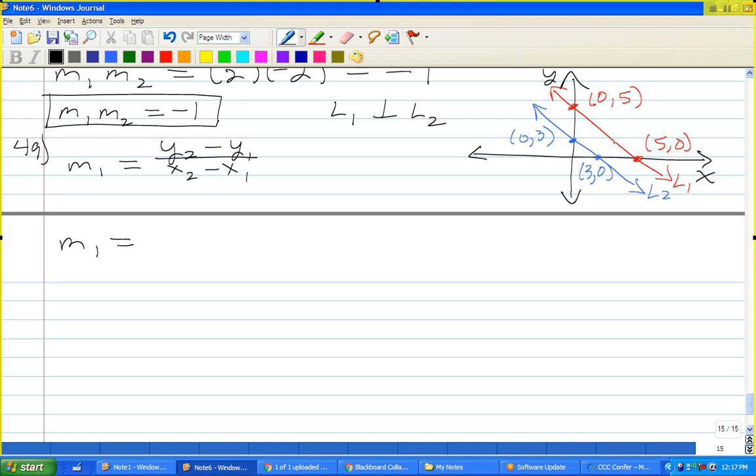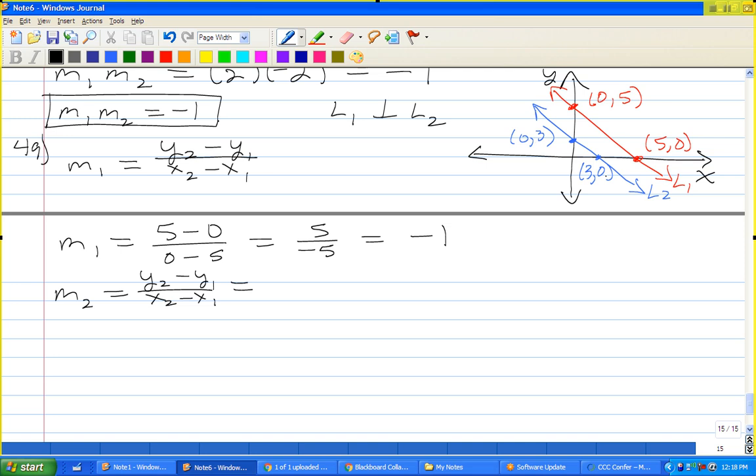And so, first line, I'll do 5 minus 0 over 0 minus 5. Gives me 5 over negative 5. Well, positive divided by negative is negative. The 5's cancel, so you get negative 1. Let me look at the second line. So the slope of the second line, change in y over change in x.